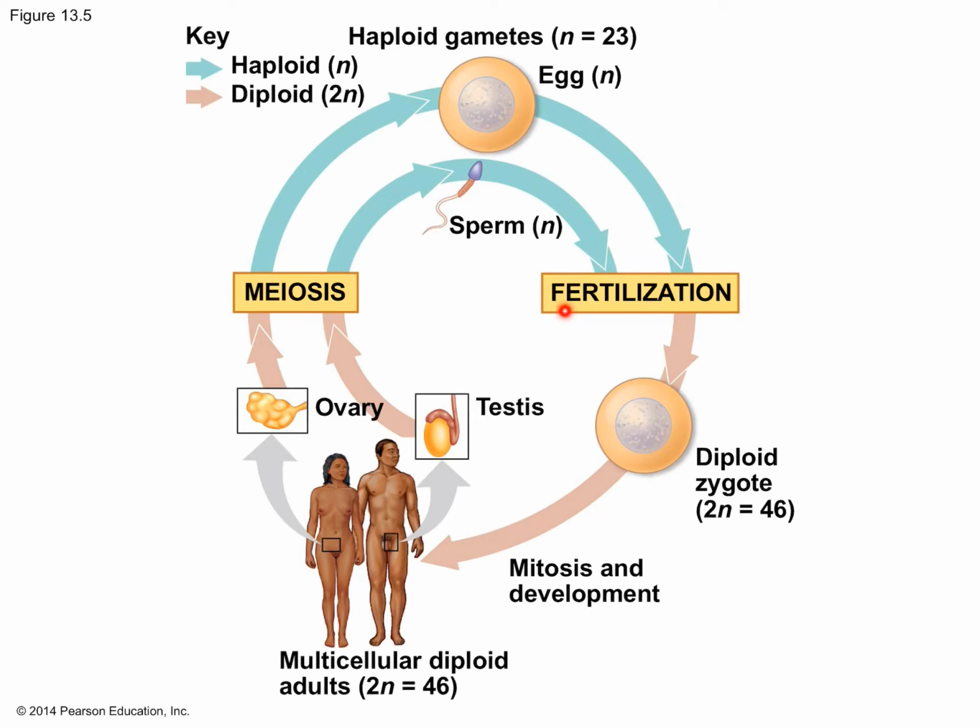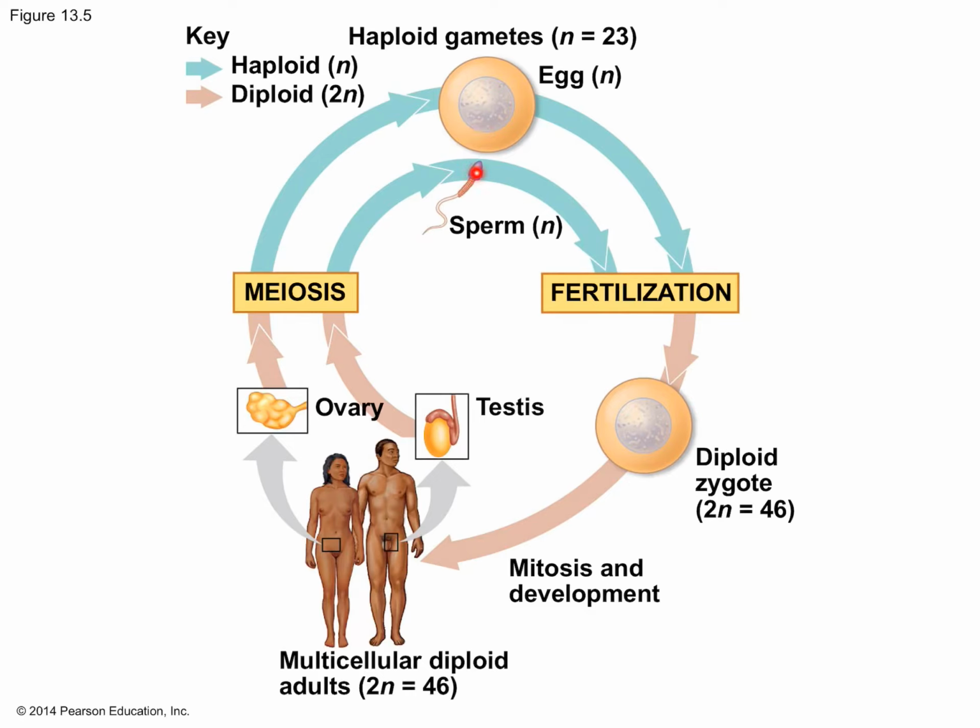Notice that everything on the bottom half, underneath meiosis and fertilization, which are color coded, are diploid stages of our life cycle. So clearly adults are diploid. Meiosis takes the diploid stage and converts it into two haploid stages, egg and sperm.